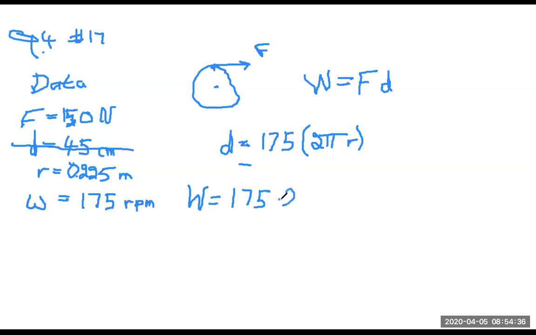Times 2 times pi times 0.225. And then I didn't write down the force first, so I'll write down the force last. It's 150. And if you're multiplying, it doesn't matter what order you do it in.